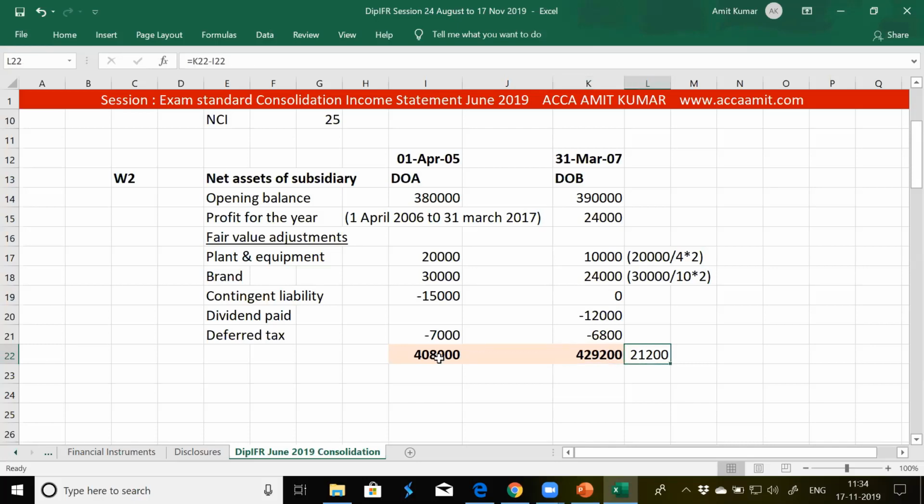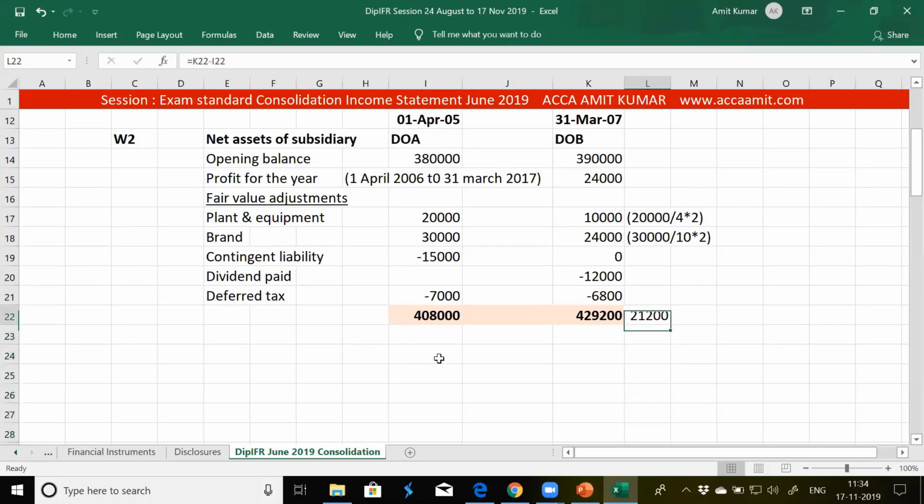But this includes the profit of 2 years. 21,200 includes the profit of 2 years. So if we just need to know the profit for this year only, we need to remove the profit of the previous year. If you notice here, this 24,000 includes the profit for the current year.